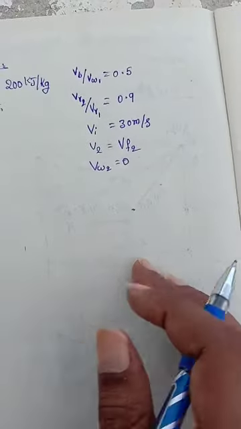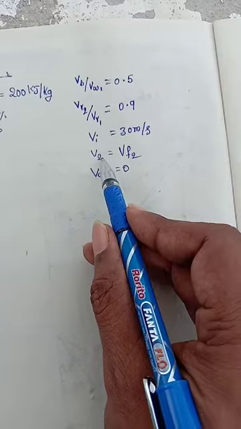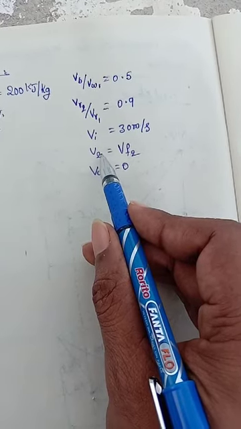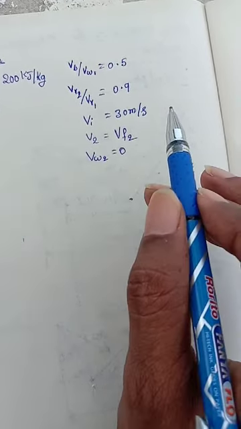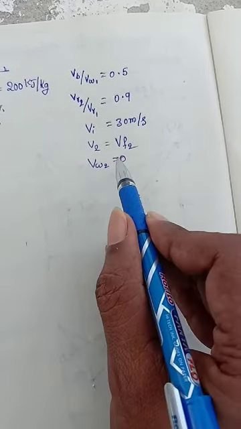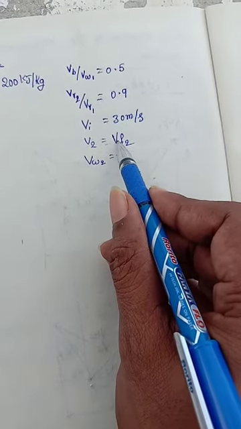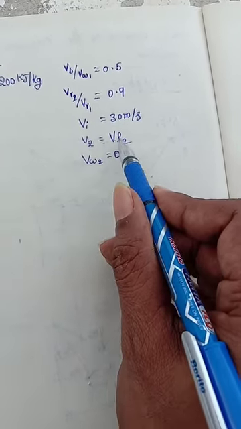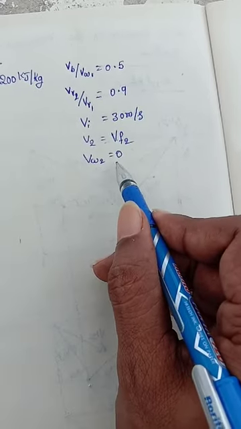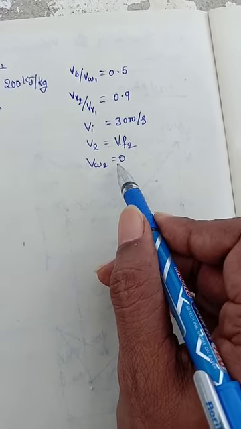Outlet steam V2, right? Without shock and leaves the blade in the axial direction, then V2 is equal to VF2, and whirl velocity 2 is equal to 0.